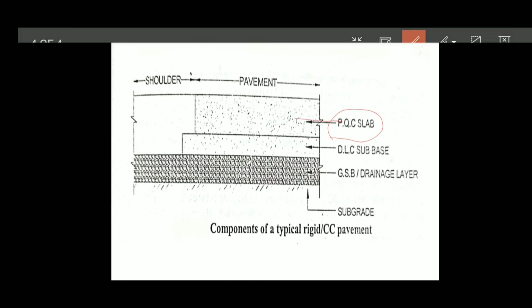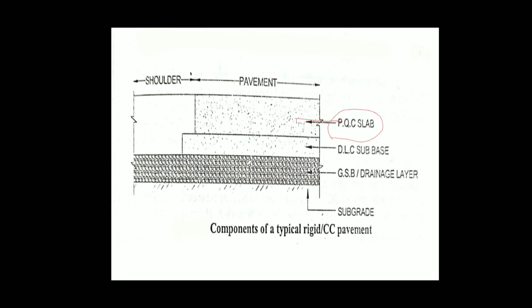And the CC pavement slab can serve as both the base course and the surface course of the pavement. A thin separation membrane is placed on top of the base course before laying the PQC slab. So this is about rigid pavements.